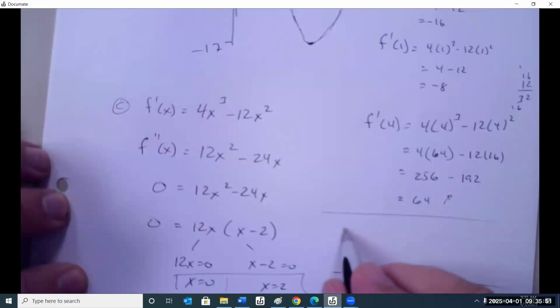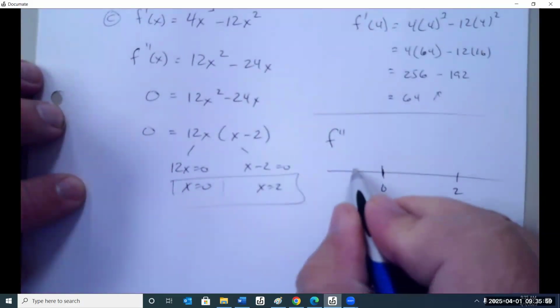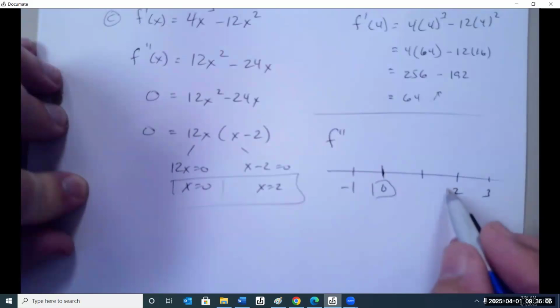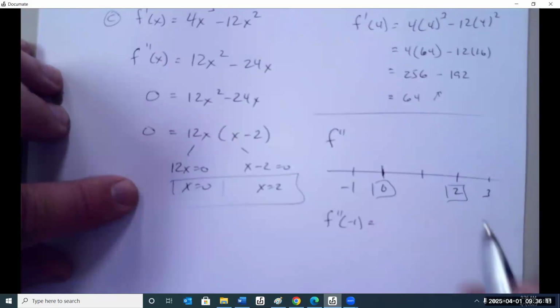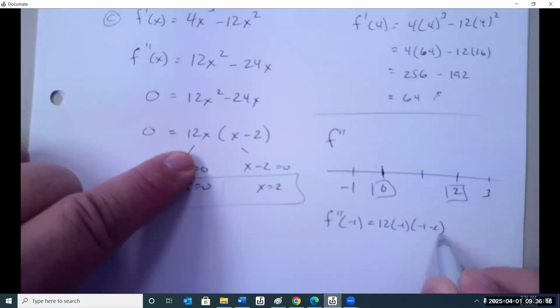So what happens to the second derivative around 0 and 2? These are my points of inflection. So I take -1, 1, and 3. My second derivative at -1 is 12 times -1 times (-1 minus 2). -12 times -3 is positive 36.